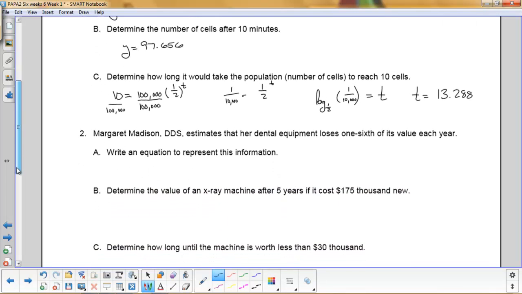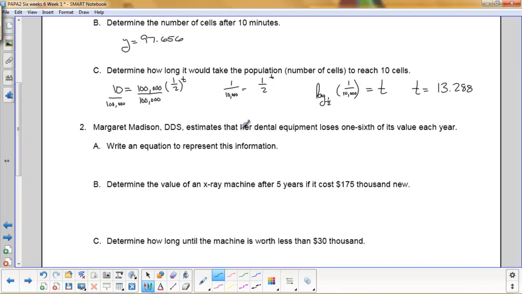Alright, Margaret Madison estimates she's losing her dental equipment, or not losing it, but losing its value by 1/6 every year. We're going to write an equation that represents this information.